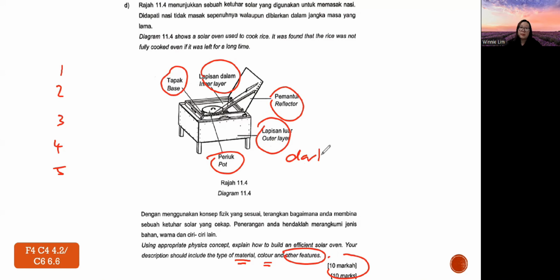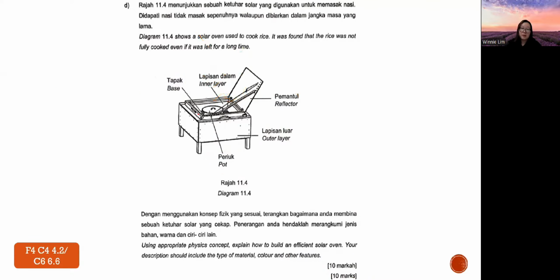You want to absorb heat. The inner layer is normally reflective and shiny. Understand? Why? You want to reflect heat. Then the reflector. Will a plane reflector, with heat coming from far, strike here and directly hit it? Better you focus, right? Focus on the pot. So that's why you use a curved surface, or we say concave surface.